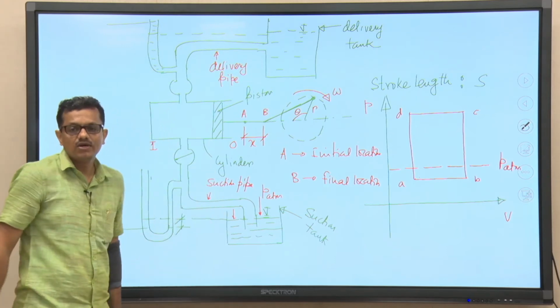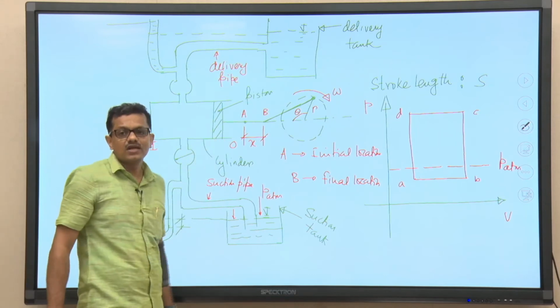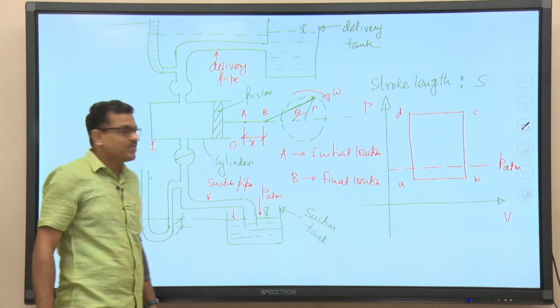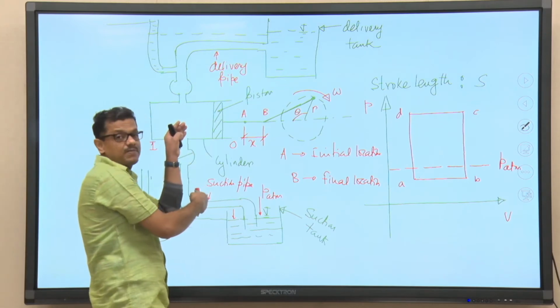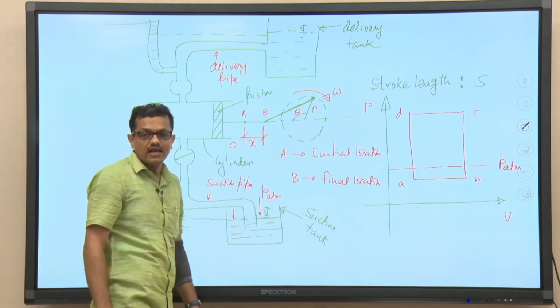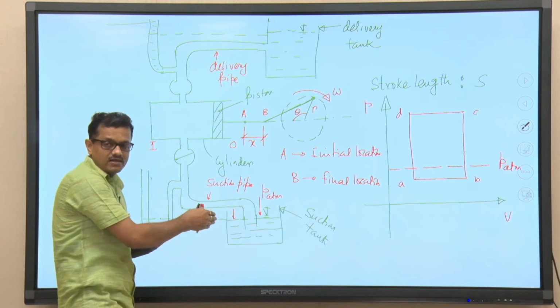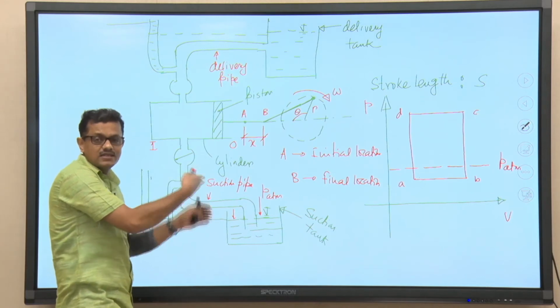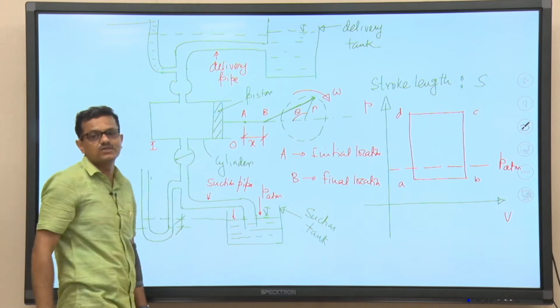What will happen when the piston is about to reach the outer end of the cylinder? At that time the liquid inside the cylinder as well as in the relevant pipeline, that is the suction pipeline, will feel a deceleration effect. Now, try to understand that this acceleration and deceleration effect is eventually governed by the acceleration and deceleration of the piston itself.